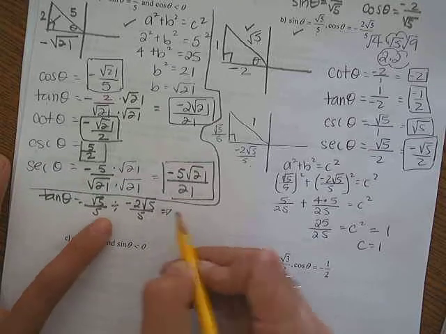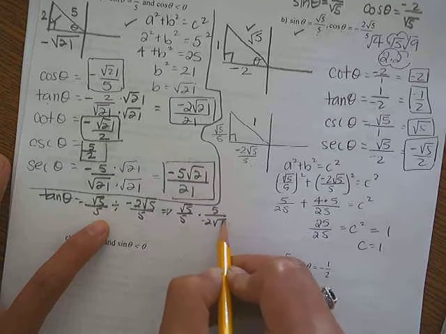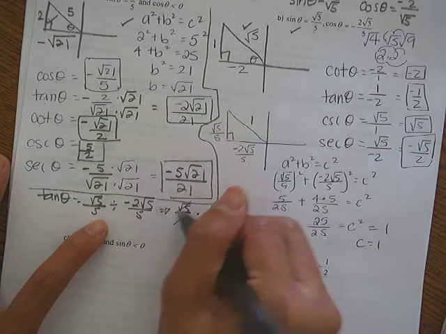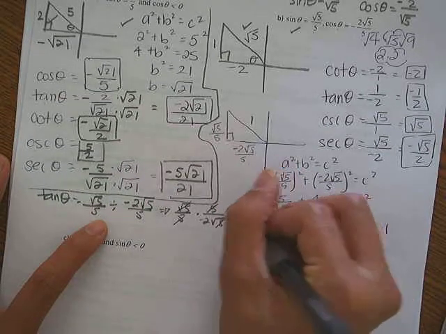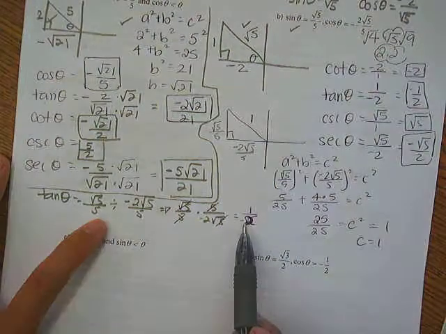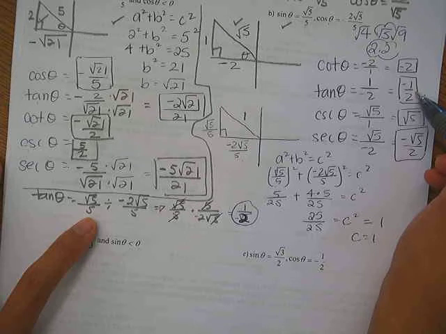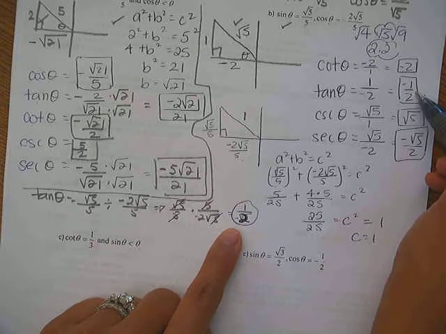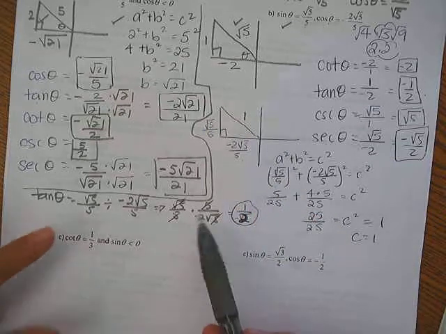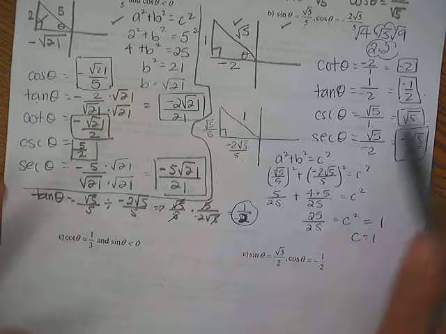If I were to simplify this, I would have rad 5 over 5 times its reciprocal. Notice how the rad 5 and rad 5 will cancel. I'm going to end up with a 1 on the top and a negative 2 on the bottom. If I have a negative 2, would you agree that this answer is identical to this answer? So if you don't see it, you can still write out this is your y, this is your x, and find your hypotenuse regularly. You just have a lot more work to show. But regardless, your answer is still going to be the same.